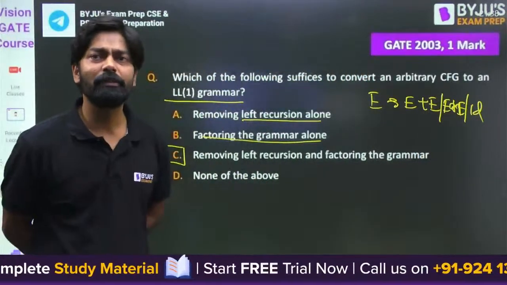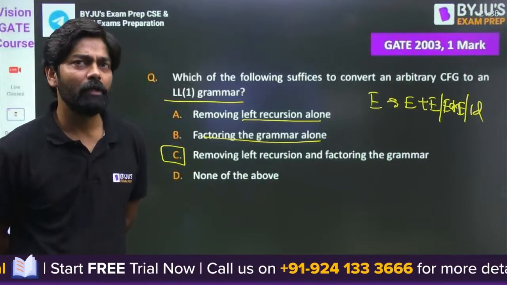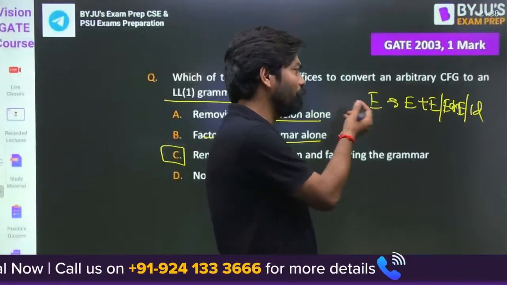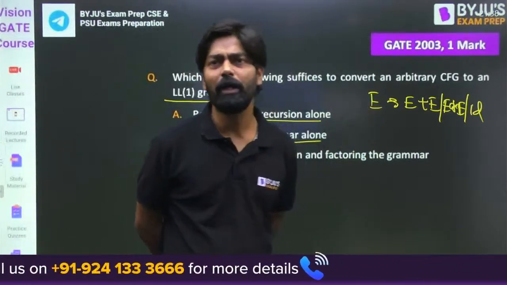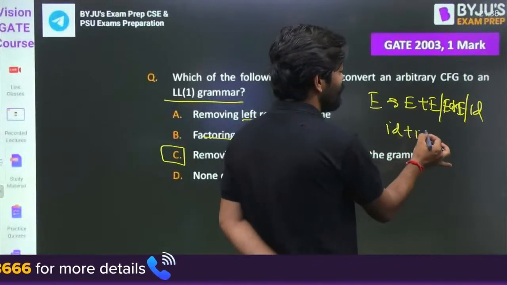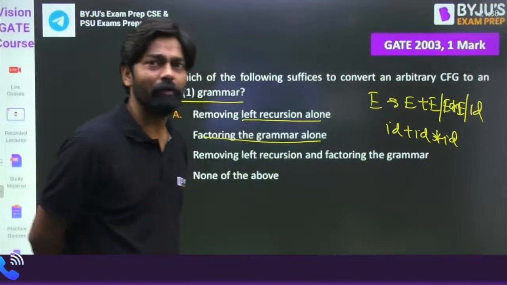This grammar is ambiguous grammar. Why is it ambiguous grammar? Because for at least one input string we have more than one parse tree. If you take ID plus ID star ID and generate it using this grammar, we have more than one parse tree, my dear friend.